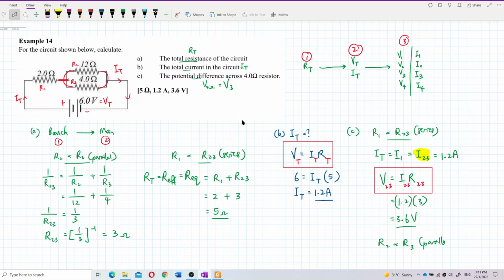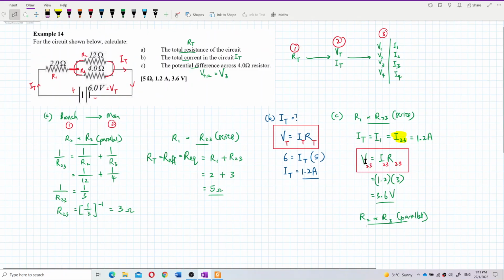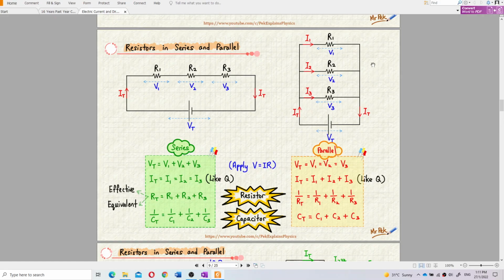Back to the parallel relationship. What can you say about this parallel relationship between 2 and 3? This voltage 2, 3 is the total voltage between 2 and 3. Because they are parallel, parallel resistors have the same voltage.